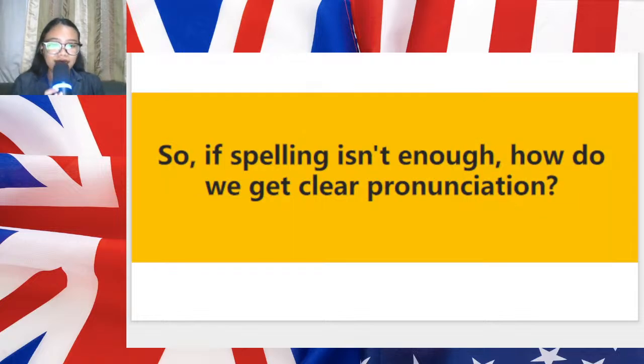So this is the perfect question to ask ourselves: if spelling is not enough, how do we get clear pronunciation? This is a big question, isn't it? If we can't always trust the letters we see, how can we reliably learn how to say a word? And how can we be sure we are pronouncing it correctly, so that others can understand us clearly?